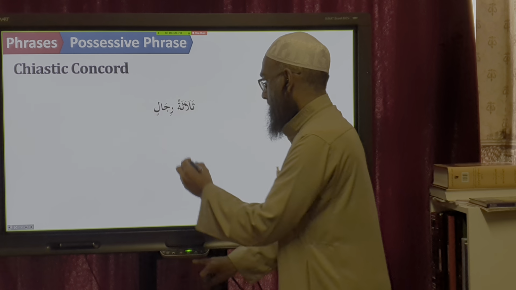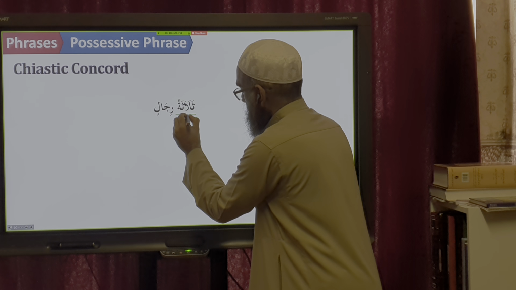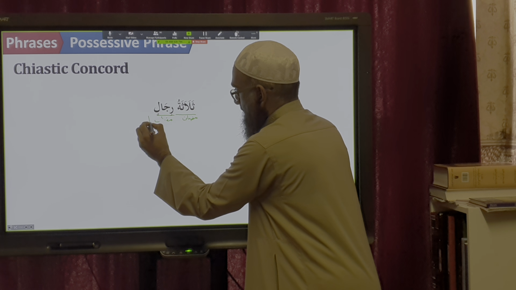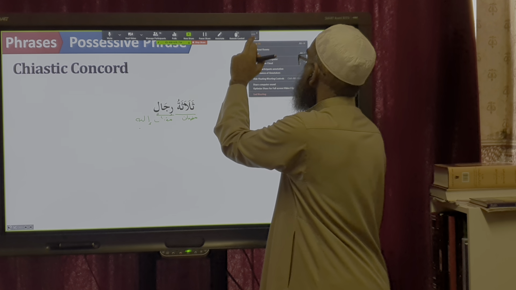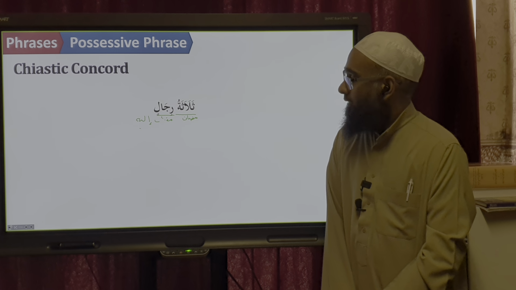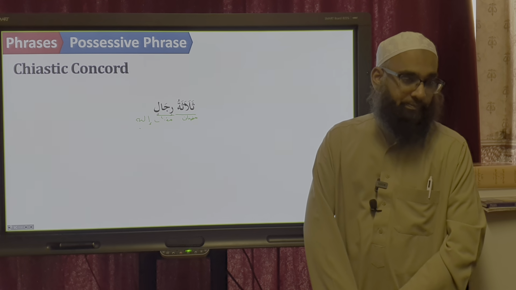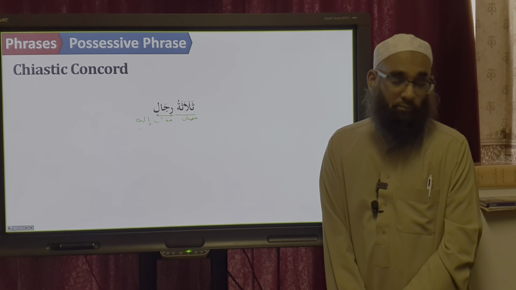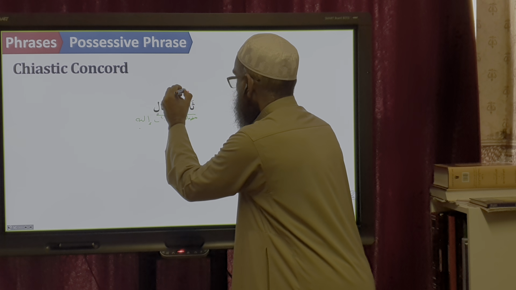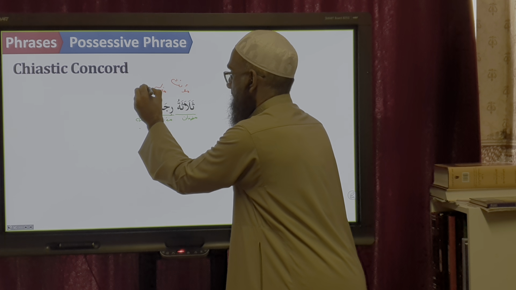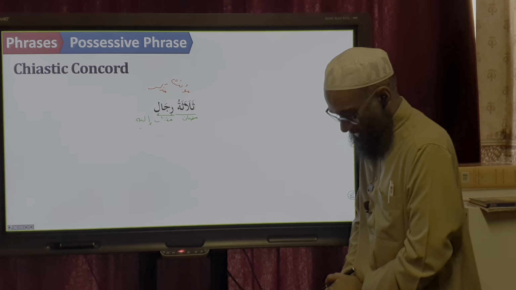Yes, it'll be mudaf, and this becomes mudaf ilayhi. So mudaf and mudaf ilayhi. Correct? What do we notice in terms of gender? What is thalathatu, mudhakkar or muannath? Muannath. This is muannath.